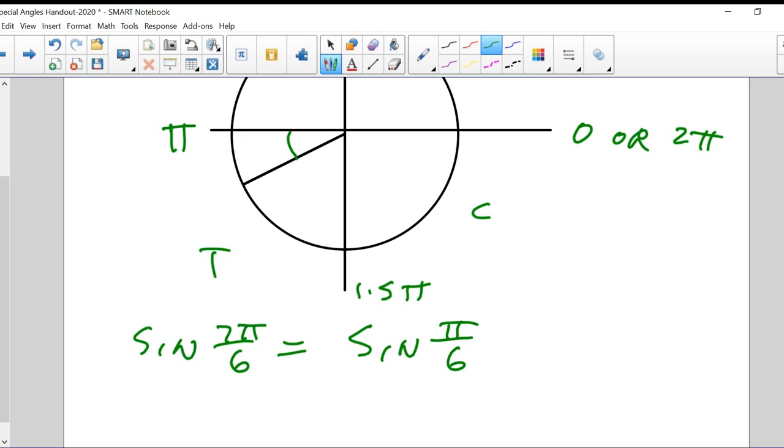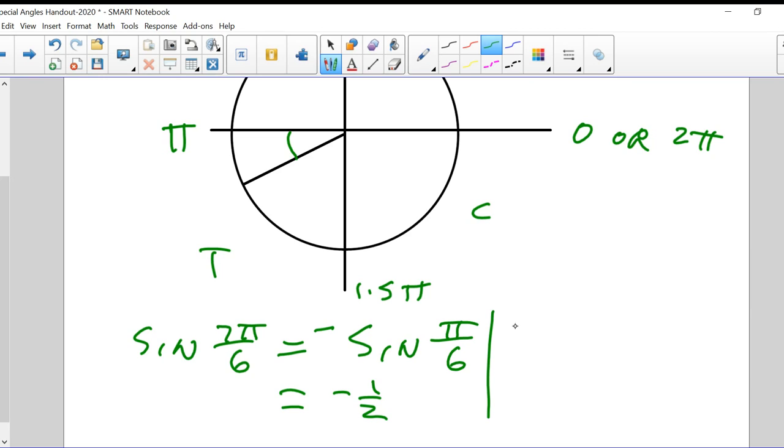Hussein says negative. Brendan says negative. Okay, so Chrisania is now changing to negative, and it is in fact negative. So the sine of 7 pi over 6 is equal to the negative sine of pi over 6. I think it is minus a half, but you can double check that for me, please. I literally don't memorize it.